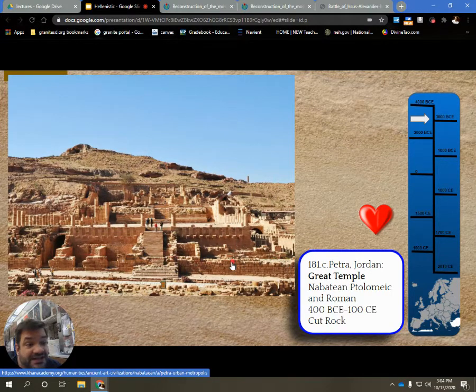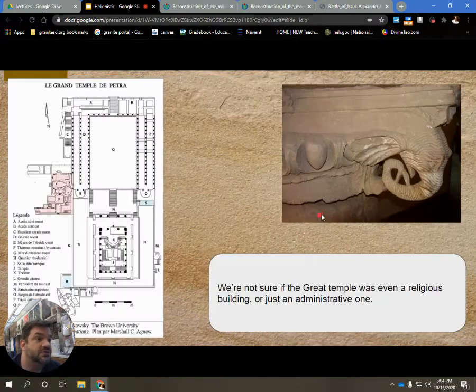Much of Petra has been looted, so we don't really know a lot about what they were doing and where they were doing it. Okay? So you can see the floor plan of the Great Temple was quite large. And again, you can see from that complex as well, we've got elephants popping out of those capitals. So we've got a lot of stuff happening here to show their wealth, to show their influence.